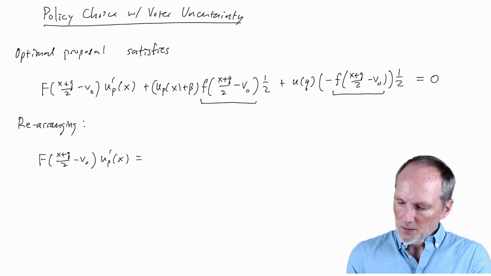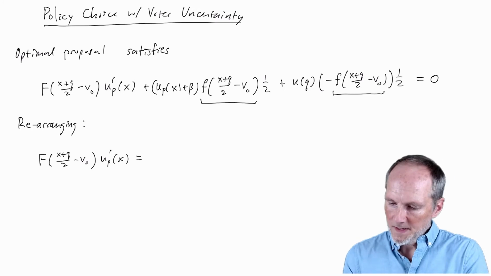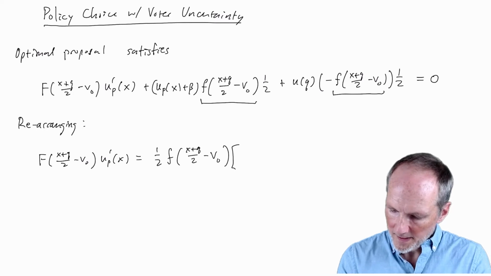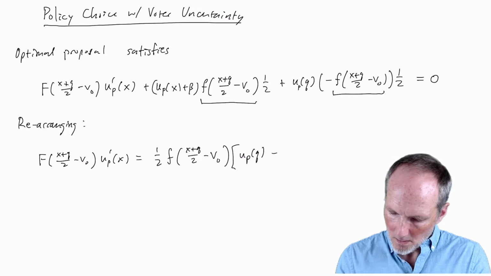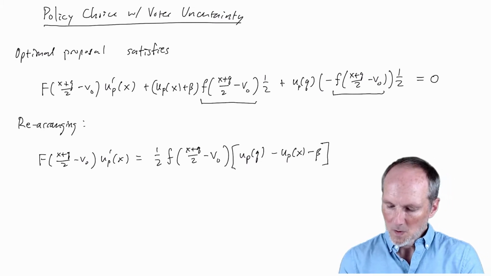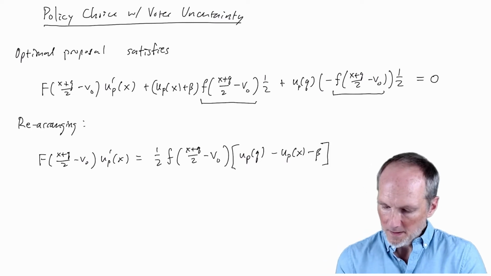Let me just take out the 1/2 as well. I'm going to have this utility from the status quo, P on that, minus this utility from the policy and this benefit of winning here, of getting the proposal passed.